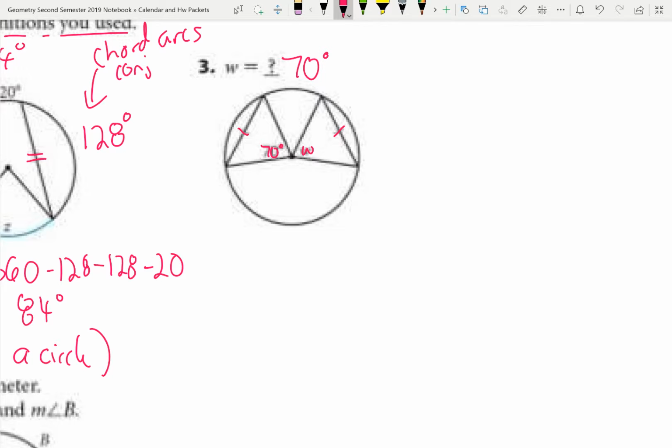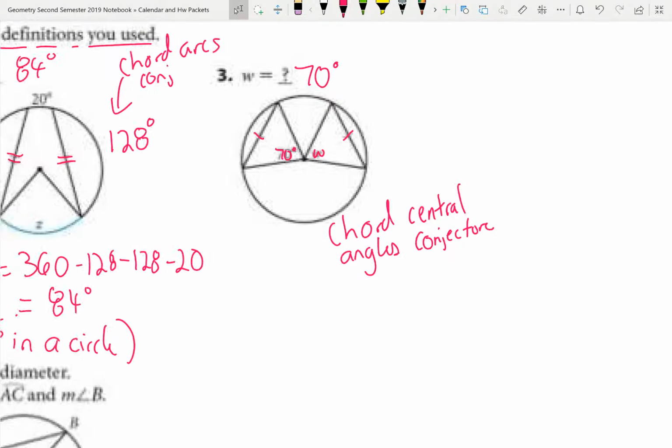That's because of the chord central angles conjecture, from investigation 2: if two chords in a circle are congruent, then they determine two central angles that are congruent.